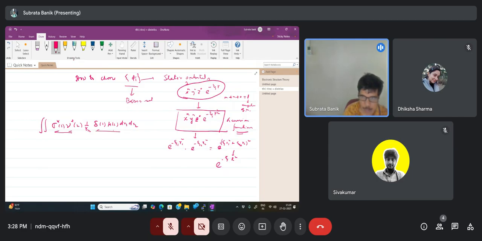Then you multiply together, and instead of four Gaussians, you get only one Gaussian. You integrate over only one Gaussian function. This is a huge advantage. Instead of integrating four different functions, you are integrating only one.